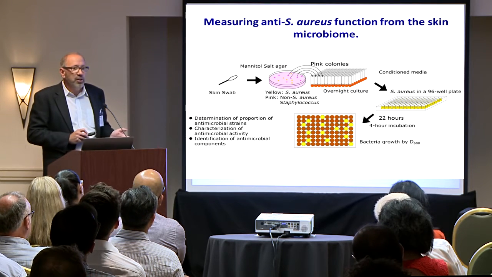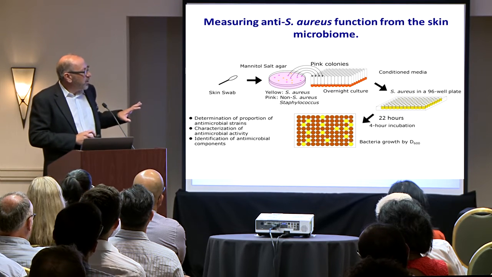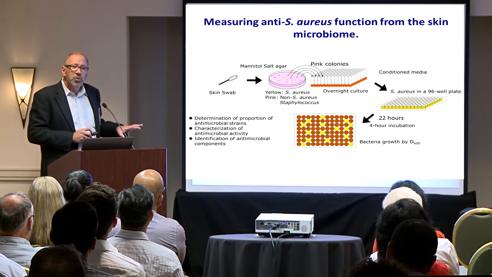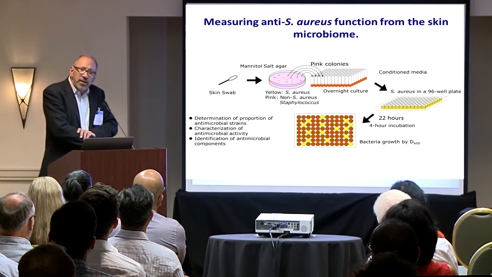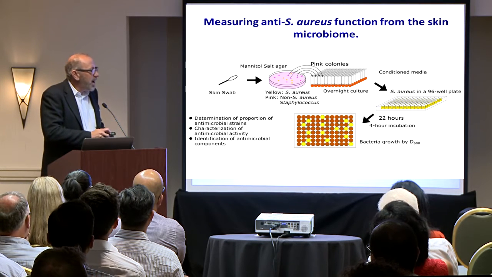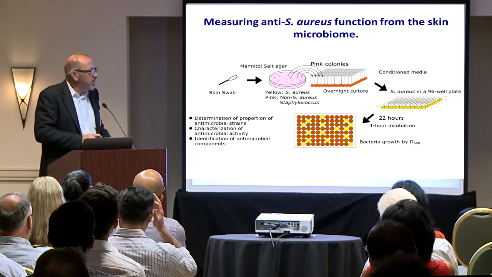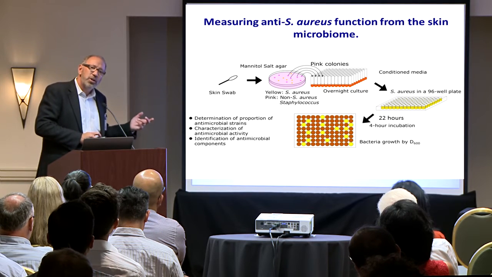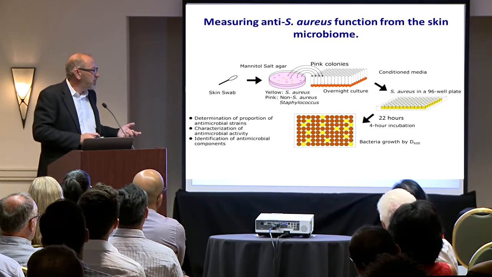And to address this question, we developed a series of different types of experiments, but I think this one was perhaps the most promising, in which we isolated individual colonies from normal subjects, from subjects with disease, isolated bacterial culturable colonies from lesional skin and non-lesional skin, and by isolating those colonies and putting them in a high throughput screening system with various culture conditions that were optimized to the particular question we were asking, we were able to screen thousands and thousands of colonies for biological activity.